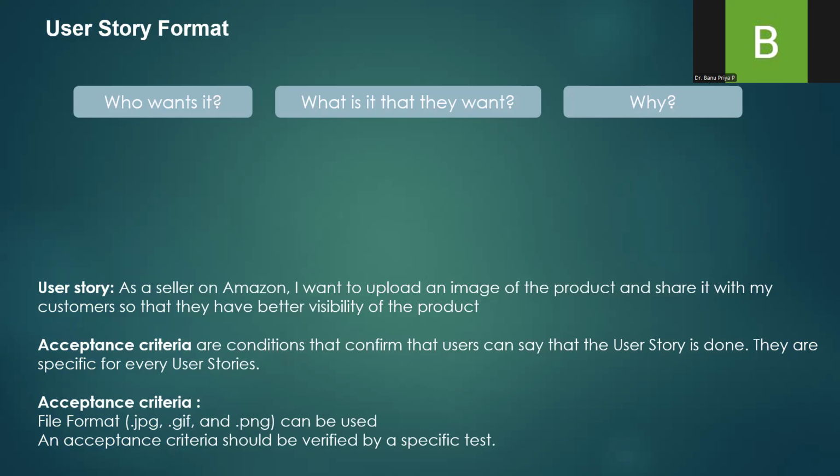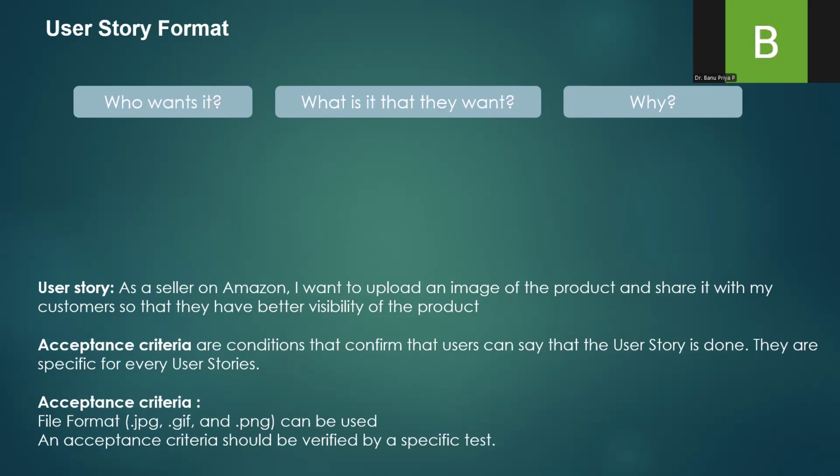Next, acceptance criteria. Acceptance criteria are the conditions that confirm that the user story has been completed. What is an acceptance criteria? Let's see here. As a seller on Amazon, I want to upload an image of the product and share it with my customers so that they have better visibility of the product.